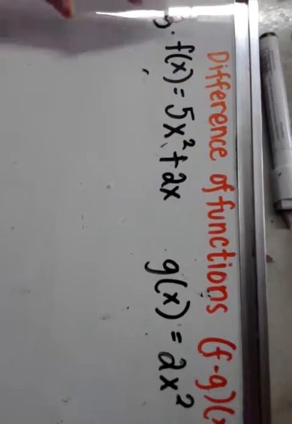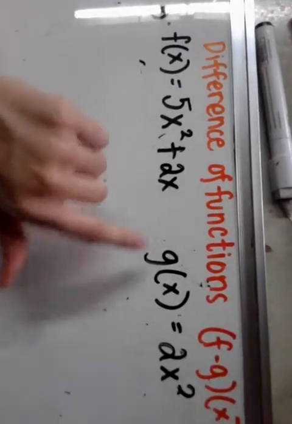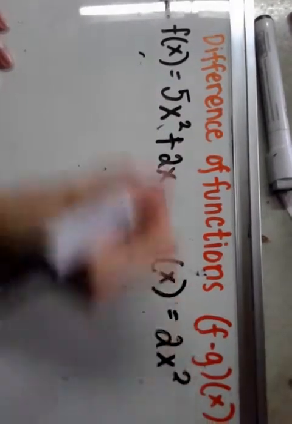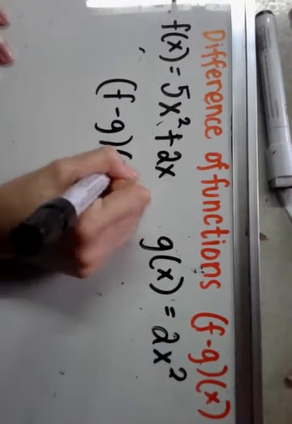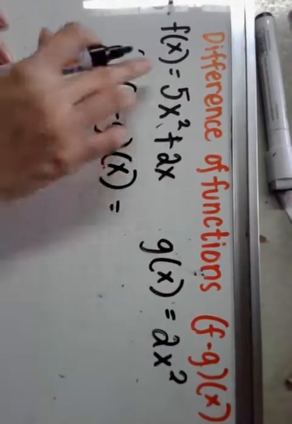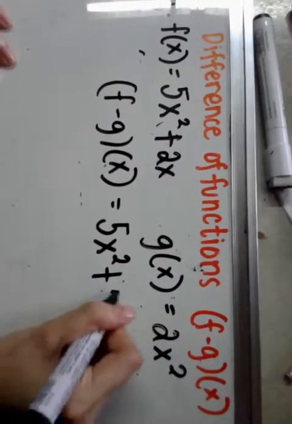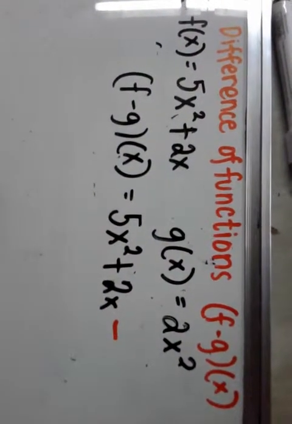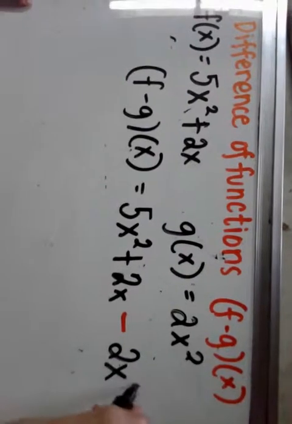So here in our third example, f of x is equal to 5x squared plus 2x and g of x is equal to 2x squared. So copy again the formula, f minus g of x, and then copy the equation of the f function, which is 5x squared plus 2x, then subtract, then copy the equation of the g function, which is 2x squared.